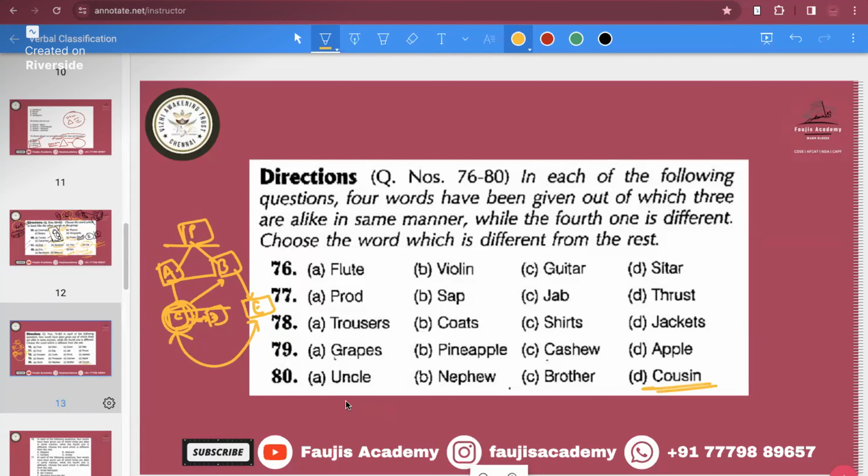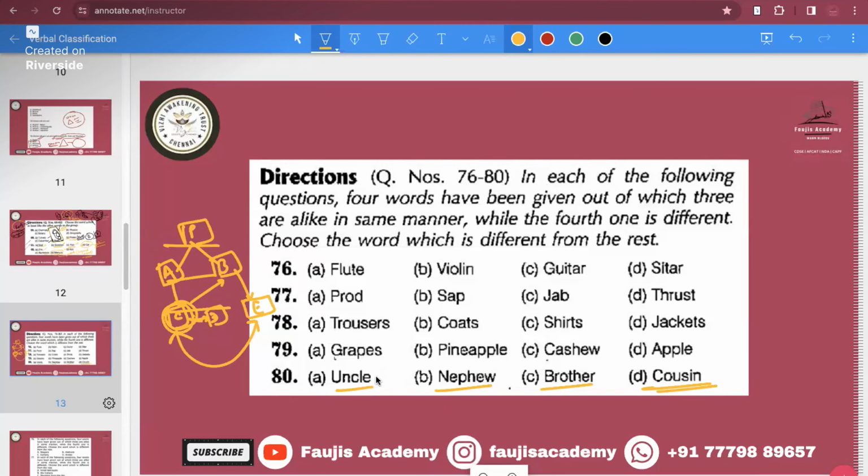Sir, uncle, nephew, brother indicate the male, sir. Cousin is neutral in gender, sir. Oh yeah, cousin is neutral in gender. Uncle, nephew, brother, yeah, that's right. That's a great observation, Harita. Thank you so much.